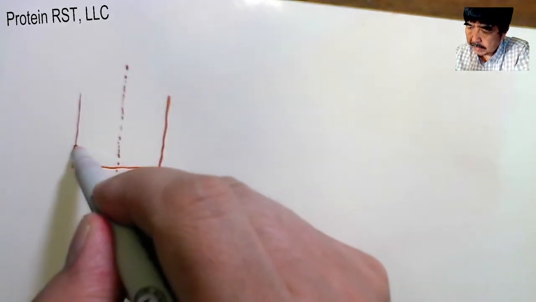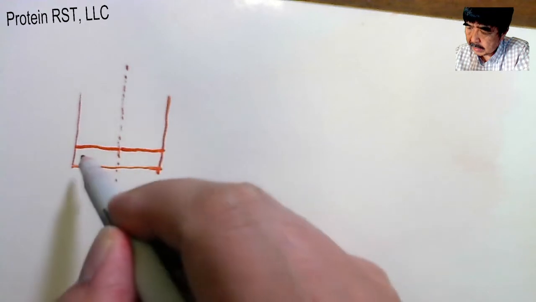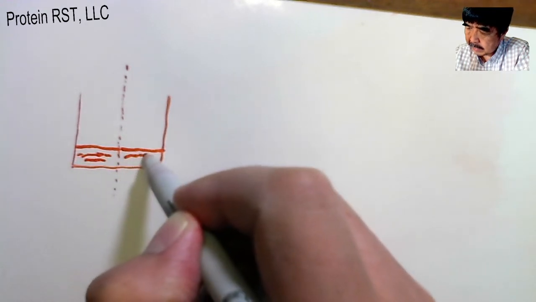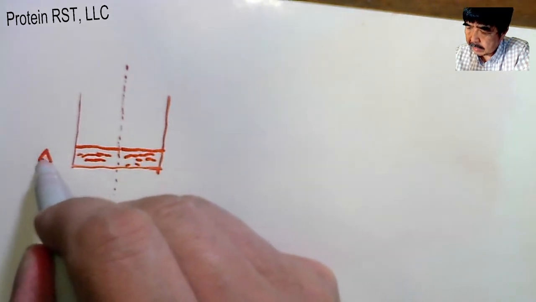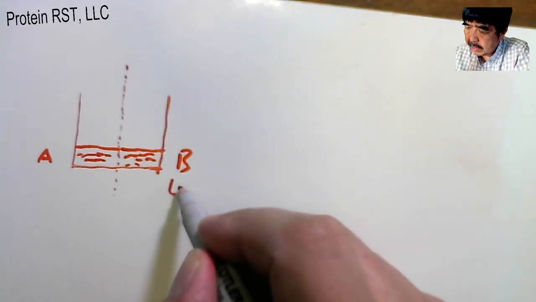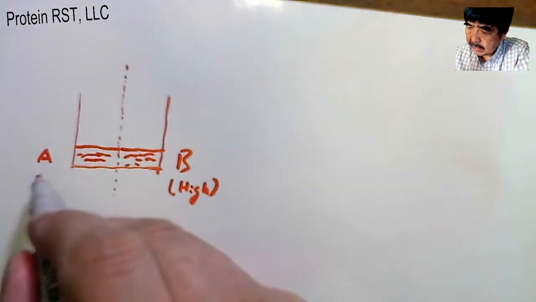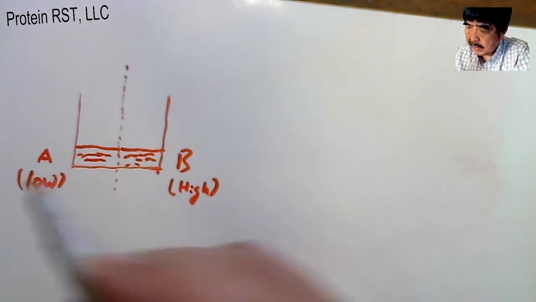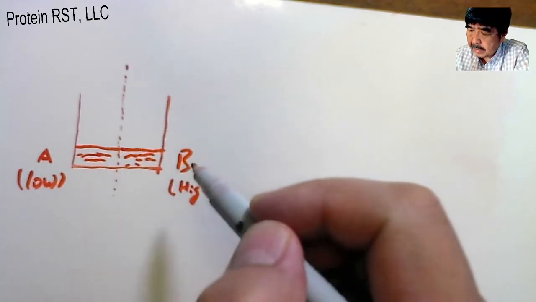The two solutions have the same volume but different concentrations. This is the A solution, this is the B solution. Let's say the B solution has a high concentration and the A solution has a low concentration. At the beginning they have the same volume, different concentration.